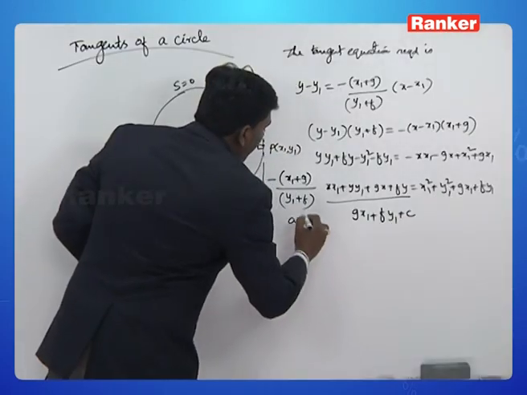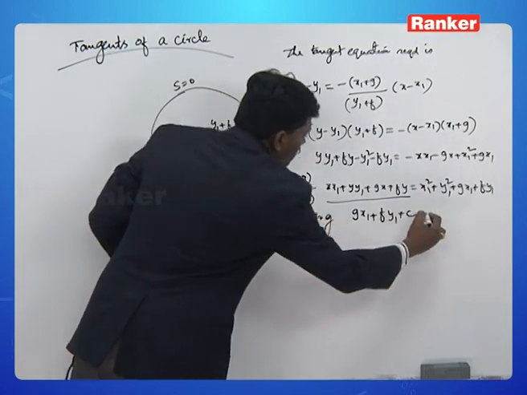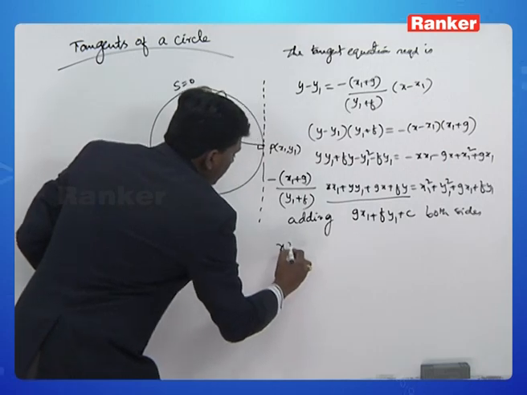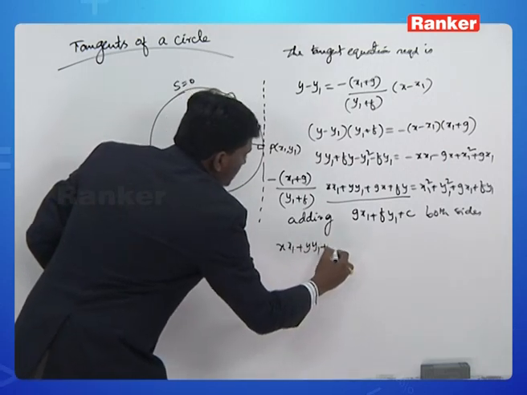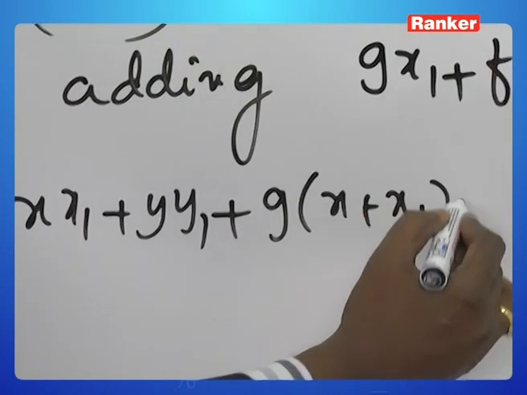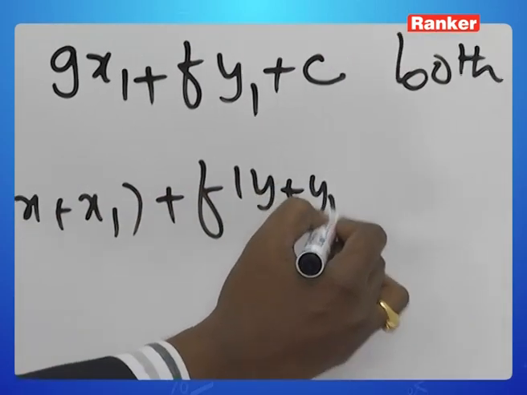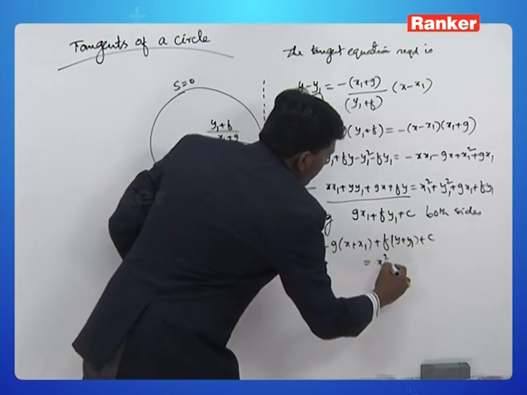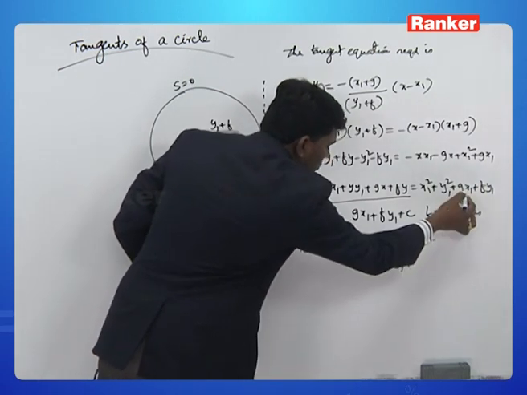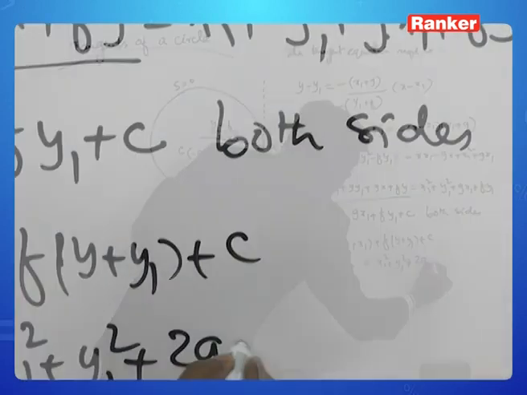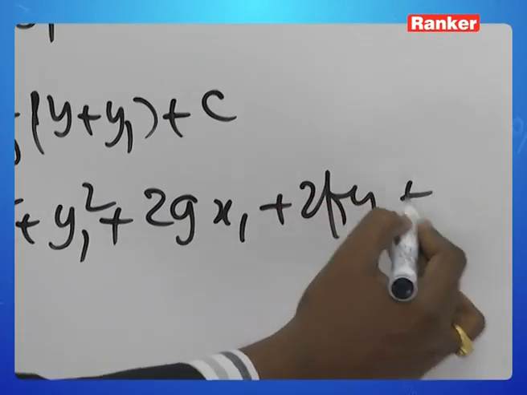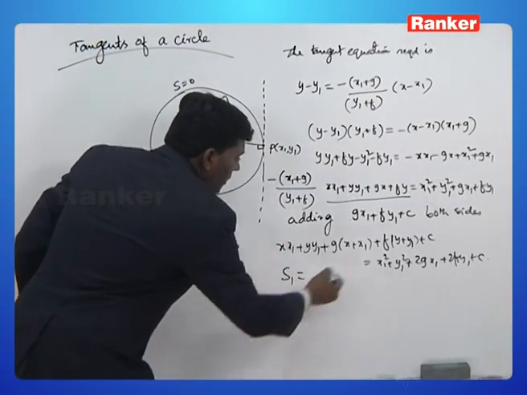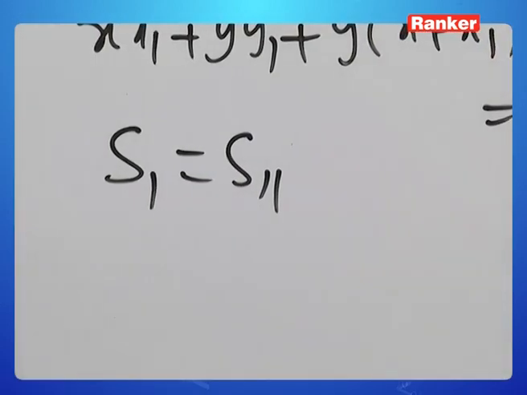That is why adding these terms to both sides, we get left side xx1 plus yy1 plus g of (x plus x1) plus f of (y plus y1) plus c equals to right side x1 square plus y1 square plus 2gx1 plus 2fy1 plus c. Clearly these are nothing but representing left side S1 and right side the notation S11.